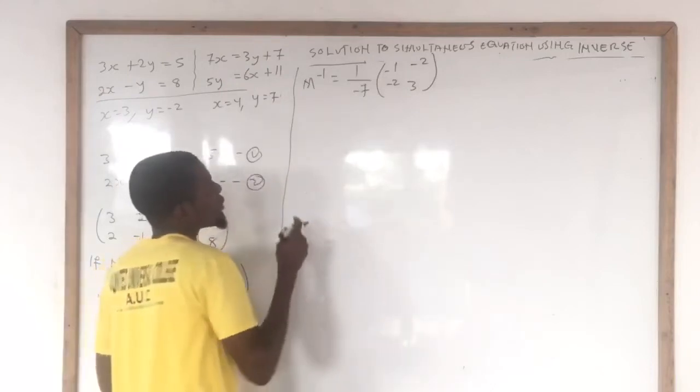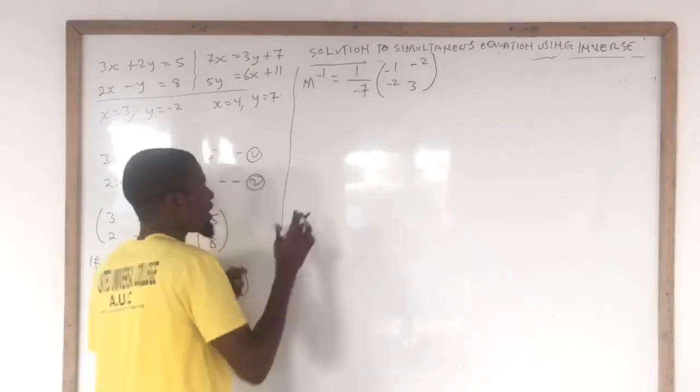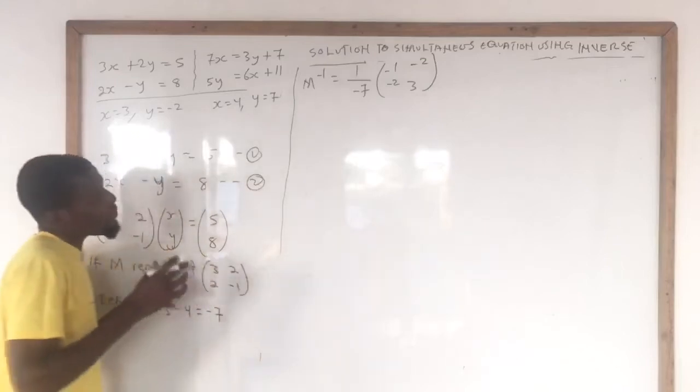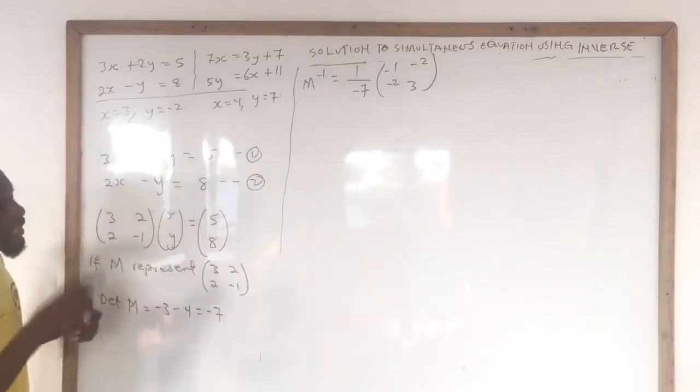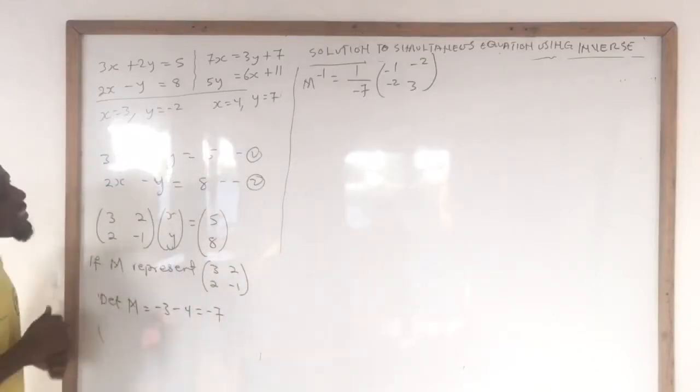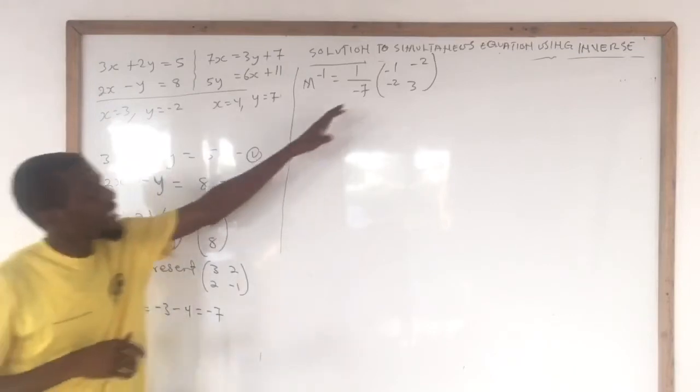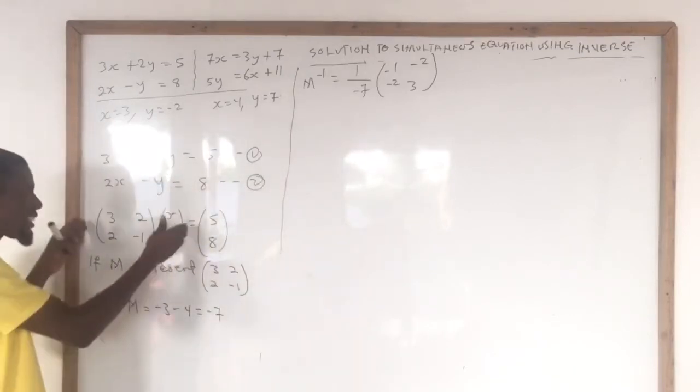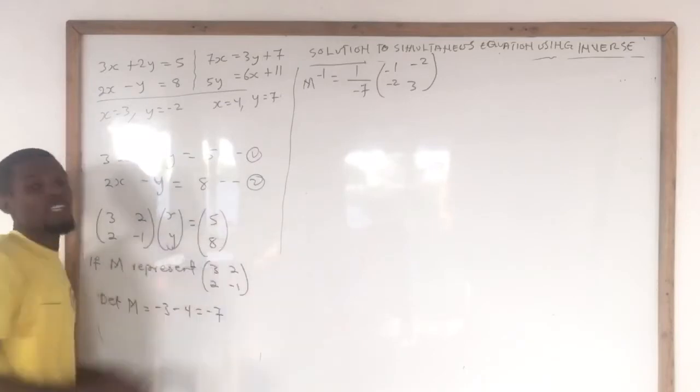Alright, so this is our inverse. What we are going to do is that to use the inverse to solve a simultaneous equation, after finding the inverse, we multiply with this side of the equation and then this side of the equation.